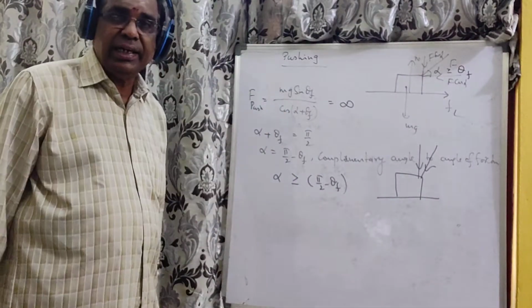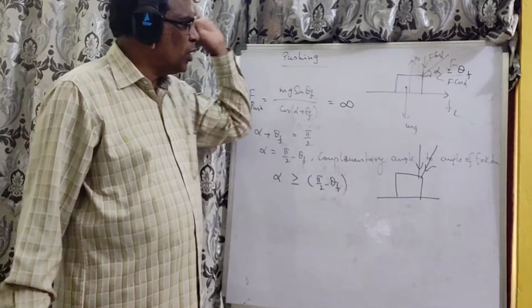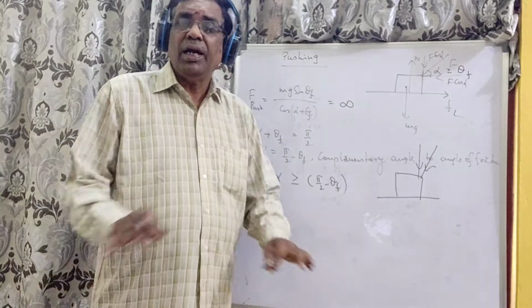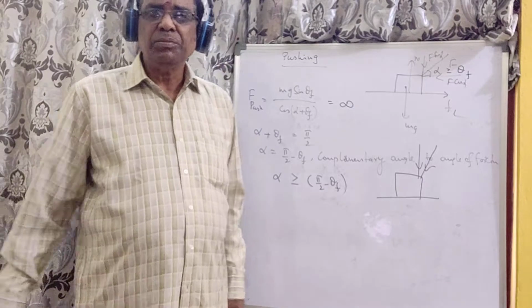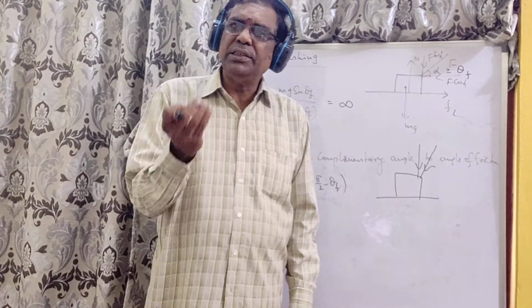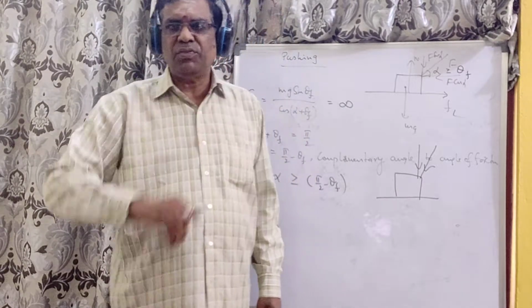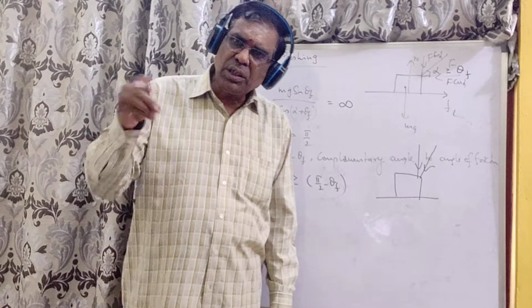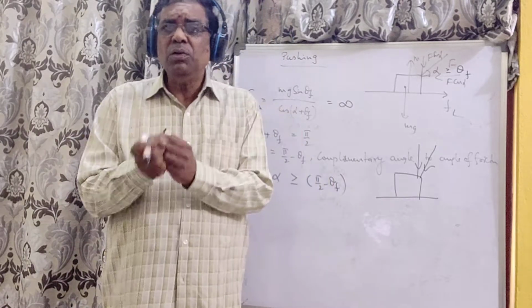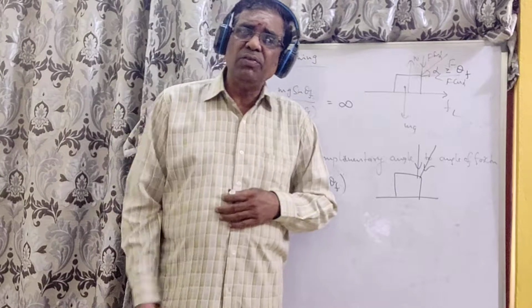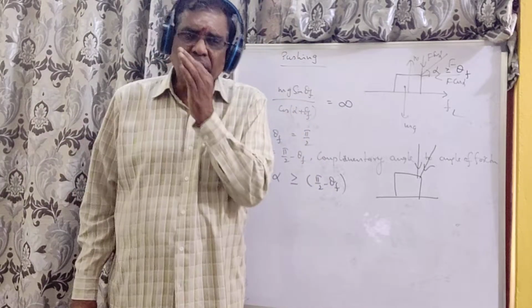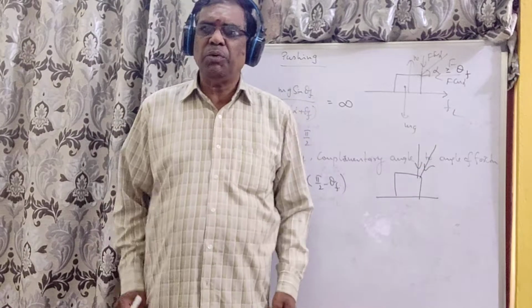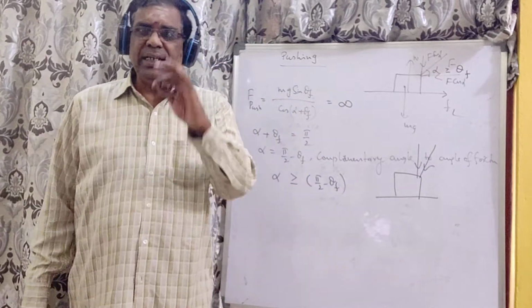If this is the case, no matter what force you apply, it is impossible to move the body. Basically, pulling at an angle leads to reduced normal force. Reduced normal force leads to reduced frictional force, and reduced frictional force leads to reduced minimum force to move the body. That is why pulling is easy.